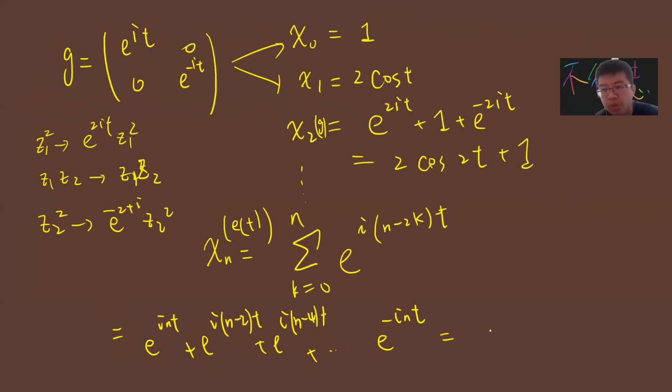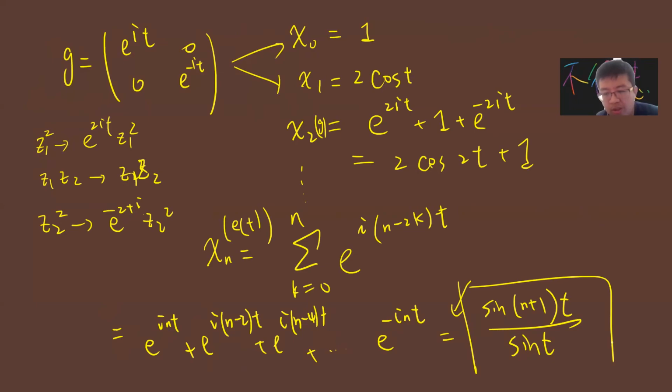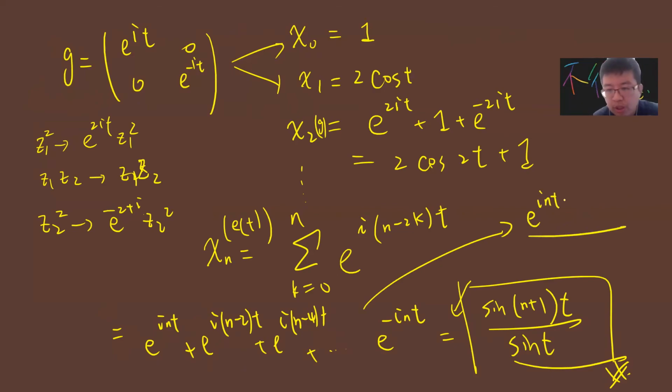Then you can prove it by simple trigonometric formulas. This is a famous result that you will see in a textbook. This is just a geometric series. The first term is e^{int}, and the common ratio is e^{-2it}.